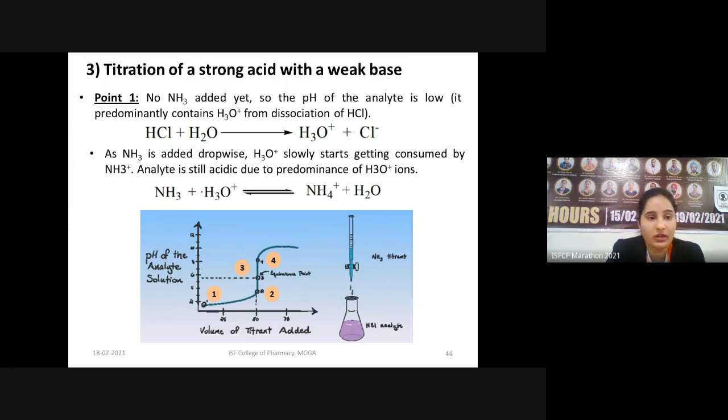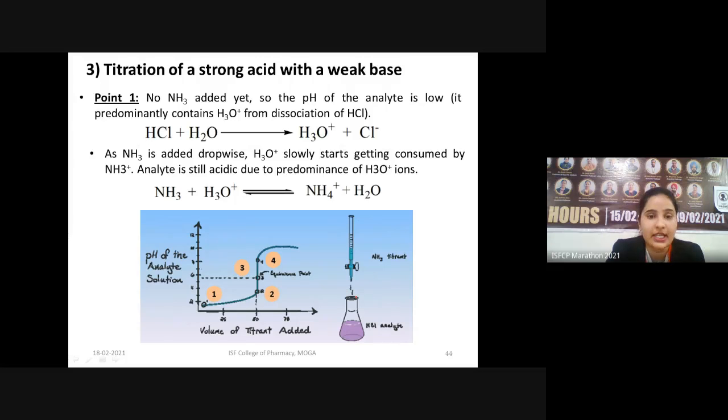At point number 2, we have not added enough ammonia molecules into the solution, we have not added an equal number of ammonia molecules. Since the number of ammonia molecules is not equal to the number of H positive ions present in the conical flask, our solution will be acidic.